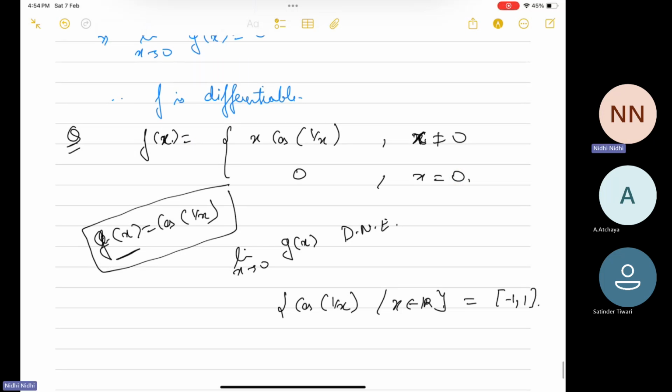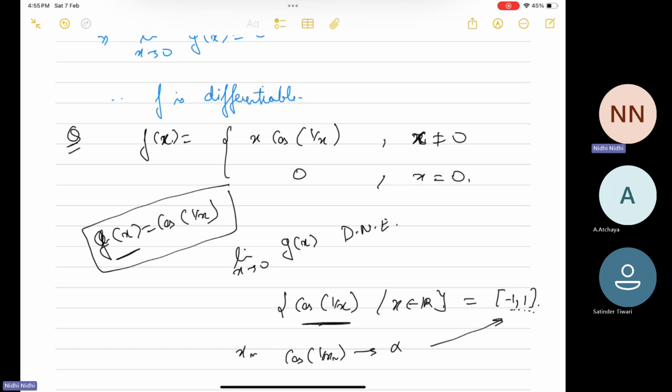For any point between -1 and 1, cos(1/x) can converge to that point. You can always find a sequence xn such that cos(1/xn) converges to alpha for any alpha lying in this interval. That contradicts the uniqueness required in the sequential criteria. So eventually, this will not be differentiable.